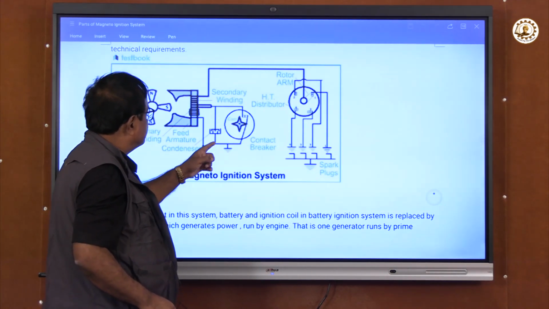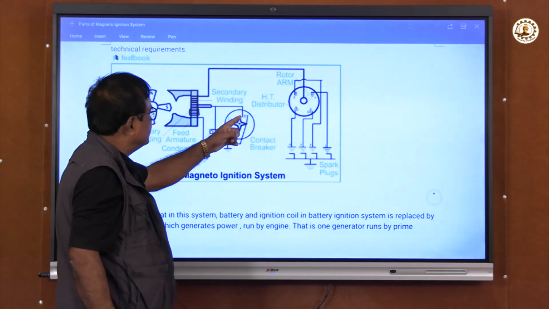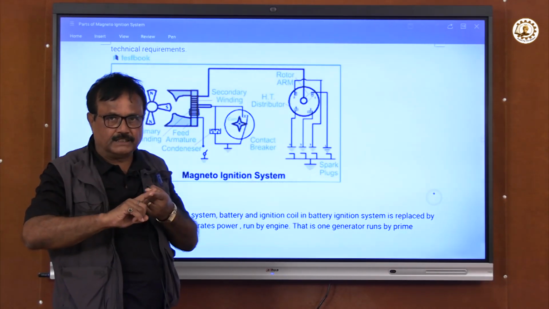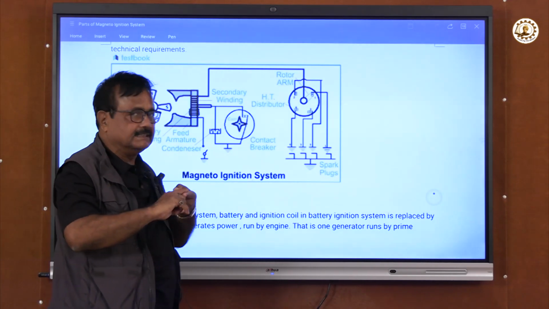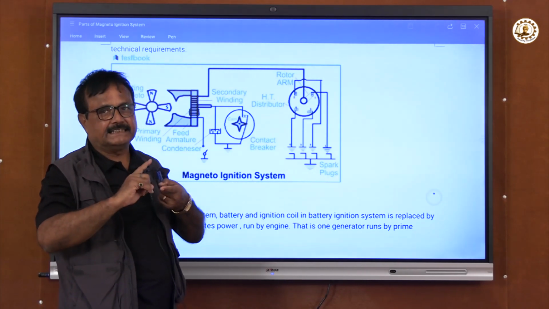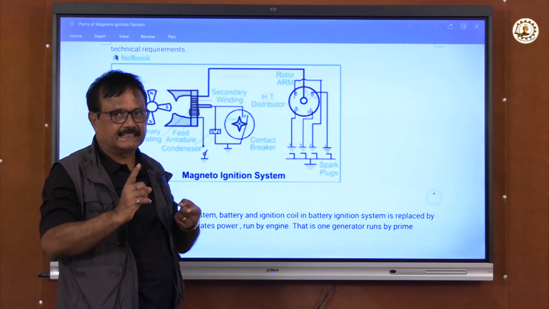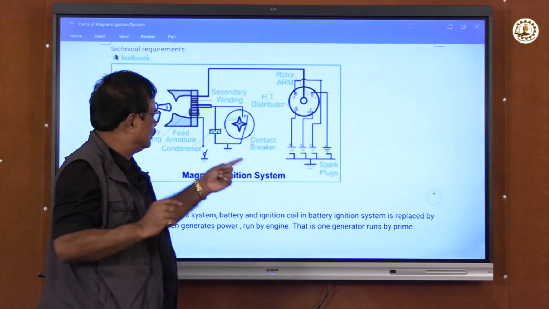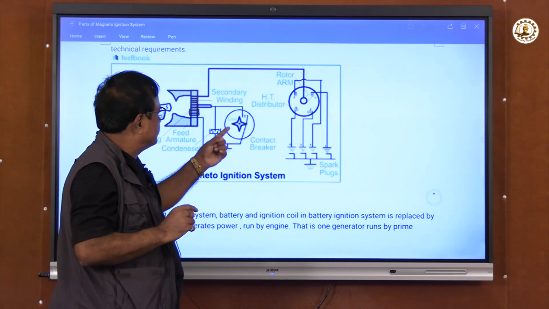Because some back EMF can come that can damage the contact point which is connecting and disconnecting the primary circuit, so that the point does not get damaged, we give a condenser to protect from the back EMF.